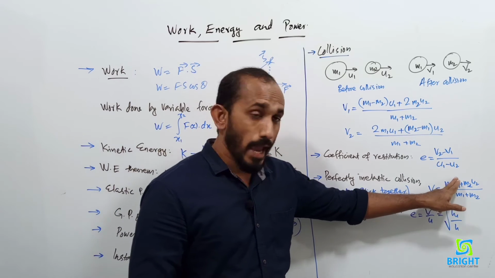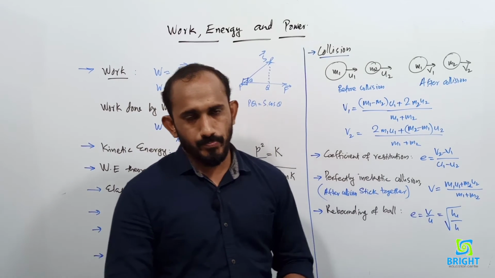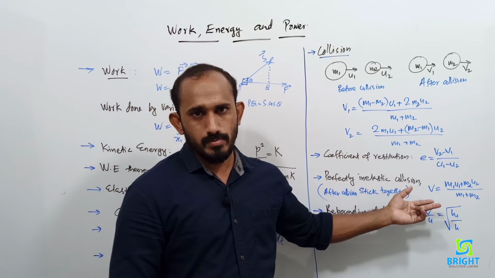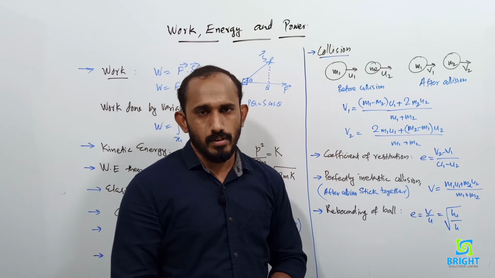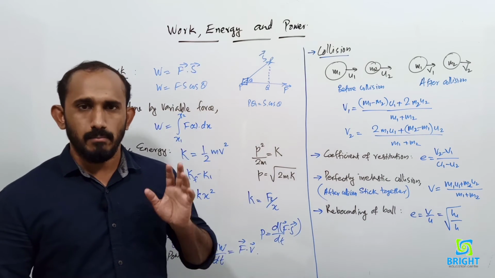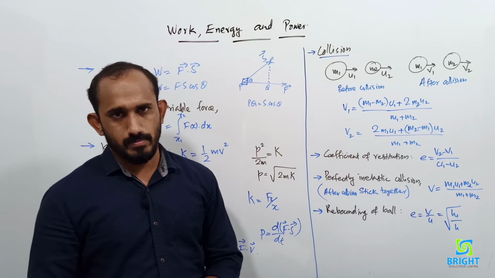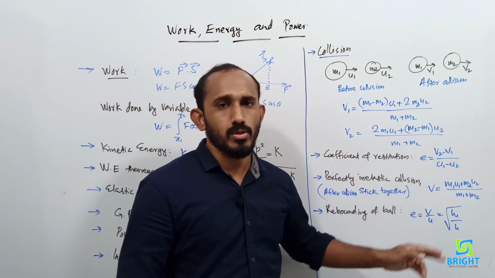V is equal to (m1 u1 plus m2 u2) by (m1 plus m2). So elastic means both momentum and kinetic energy are conserved, and inelastic means only momentum is conserved, kinetic energy is not conserved. Perfectly inelastic collision means after collision they stick together.